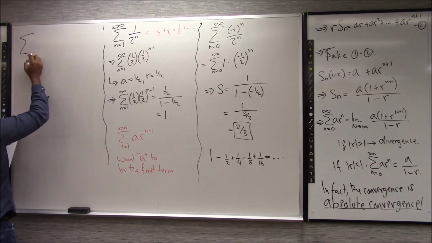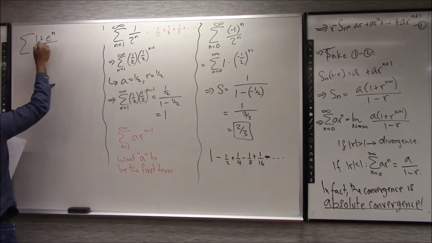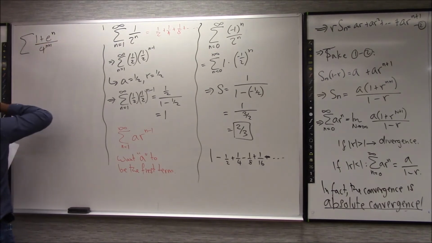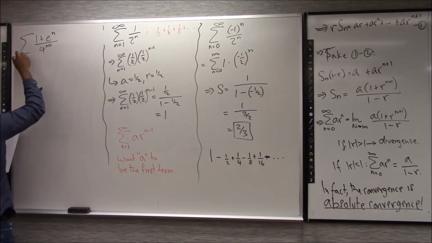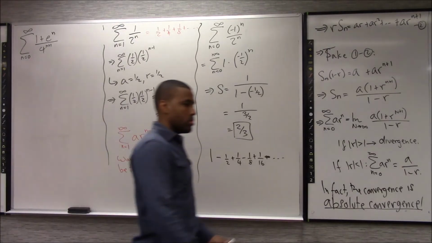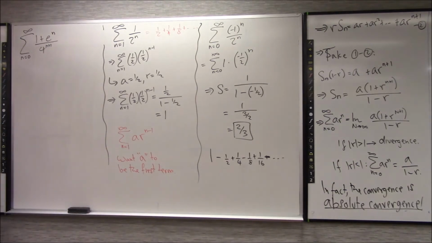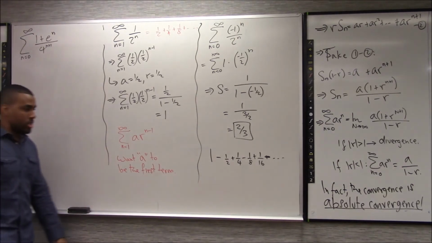Here's another example: 1 plus e to the n over 4 to the n plus 1. Now, we have a lot of examples to get through, so I'm just going to jump into it.